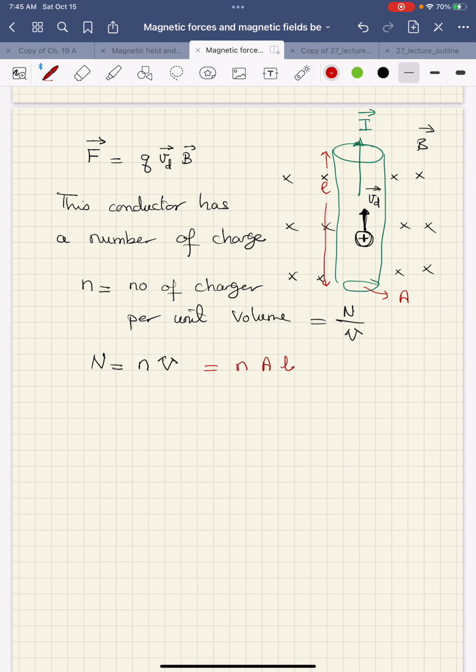Therefore, if I wish to calculate the total force, it is going to be F equals the total number of charges times QvB, assuming of course there is 90 degrees between the magnetic field and v as outlined here. And therefore, I can have nALqvB.